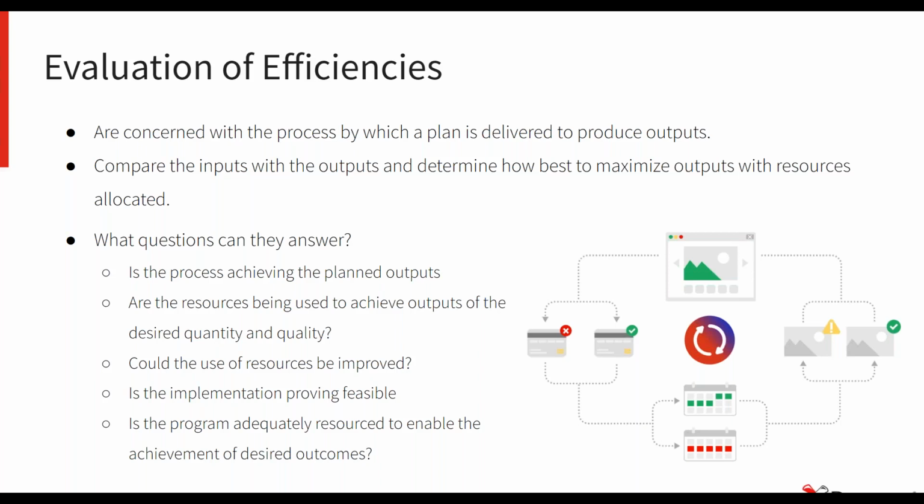And that's when you talk about productivity between your staff and the software that you're using, you always need to see if there's a way you can improve that. Is the implementation proving to be feasible? Again, is this what you expected and the result that you were going to get? And do you have it properly and adequately resourced?